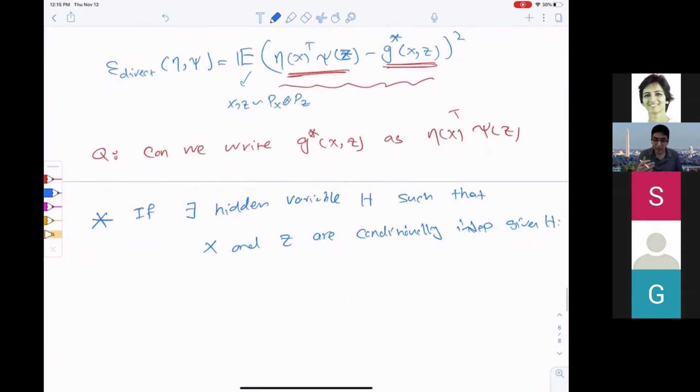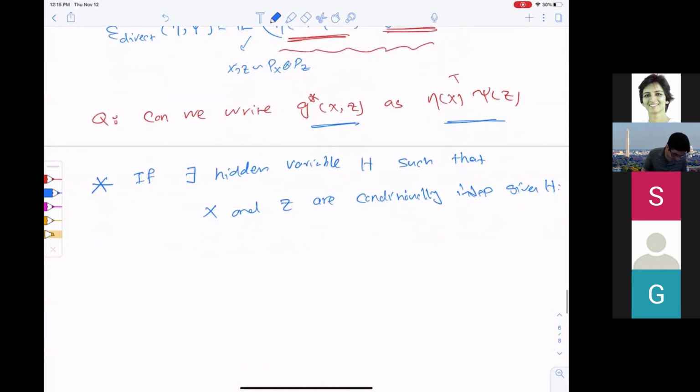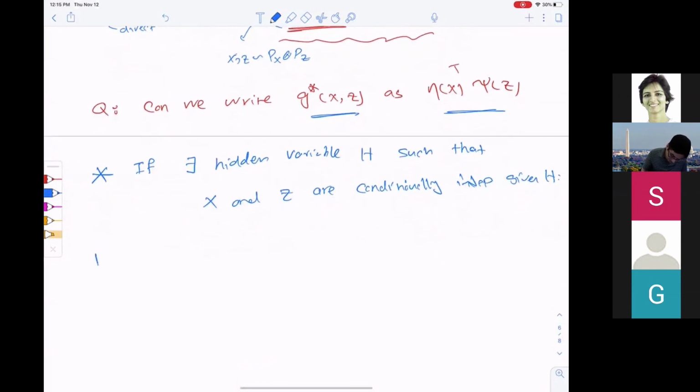This assumption can hold in general so that we can approximate g star using a product of two functions. So they look into two cases. One is that this h that we have is a discrete random variable. It is not practical, not realistic, but it's a good warm-up assumption.